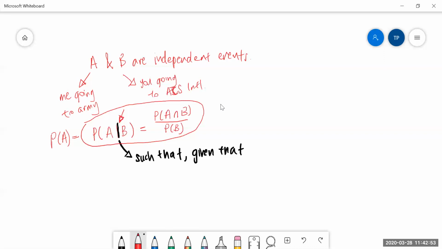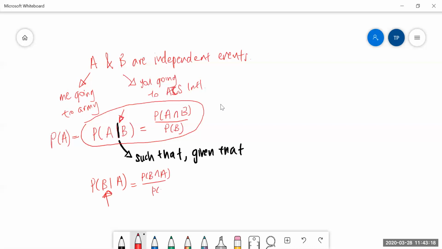That is the priority, not you going to ACS International. But if they ask probability of B given A, which comes first? So it will be probability of B intersect A over probability of A. Yes, basically just the other way around.